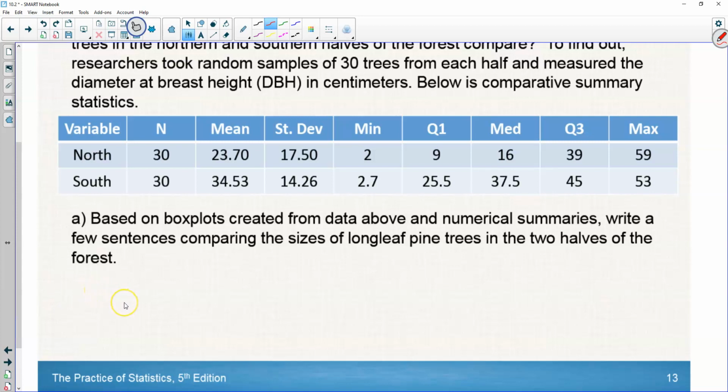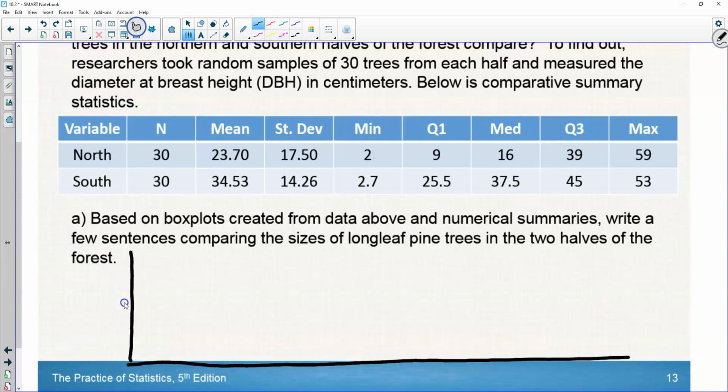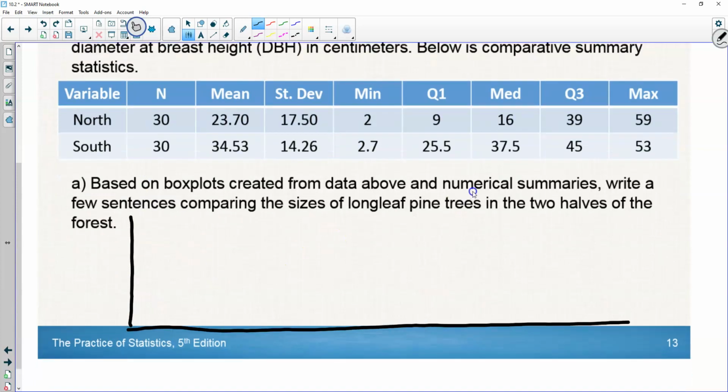So why don't we just do a quick sketch of what these box plots would look like. We'll do them side by side. The smallest for either would be 2, and the biggest for either is 59, so let's go from 0 to 60.